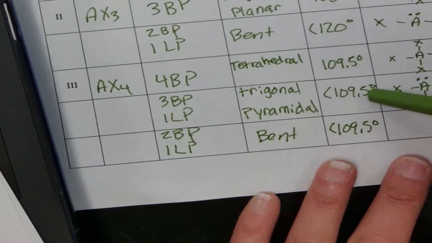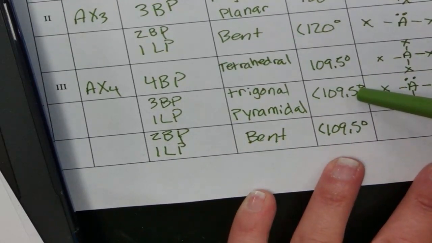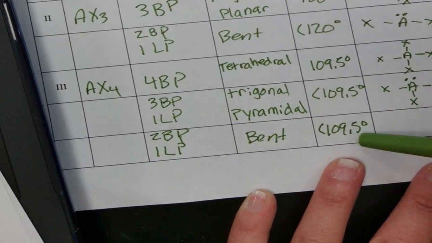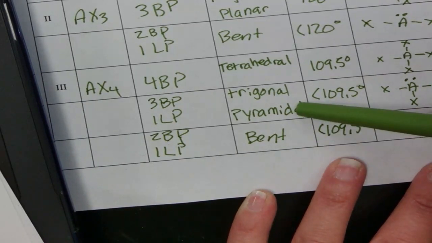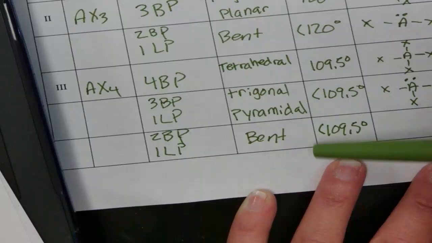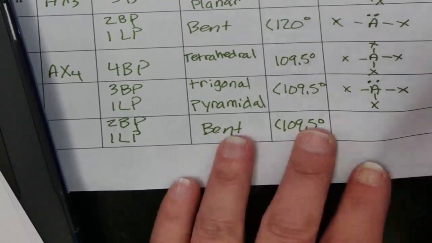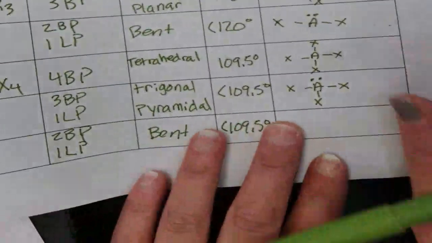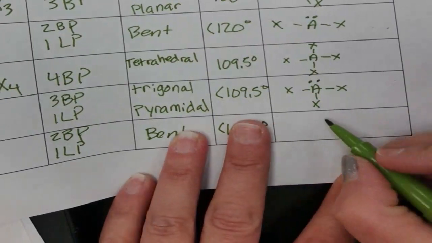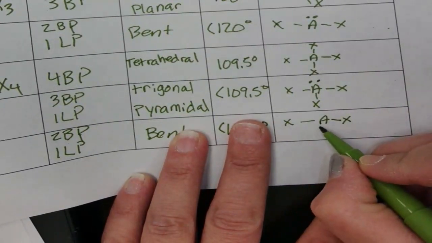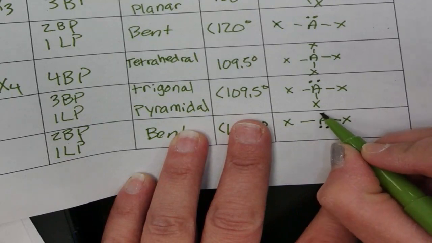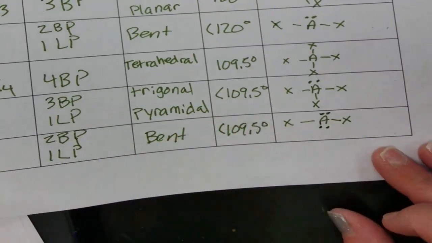Trigonal pyramidal is in fact 107, and bent is 104.5, so bent is a little less than the trigonal pyramidal, but for our class, less than 109.5 is appropriate. And again, if I ask you to draw this on your paper, you're going to put the central atom A, surround it by the 2 X's, and then add in your lone pairs.